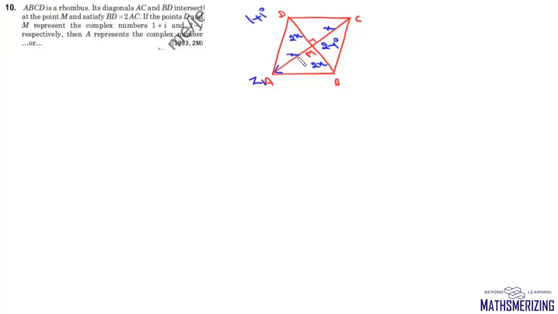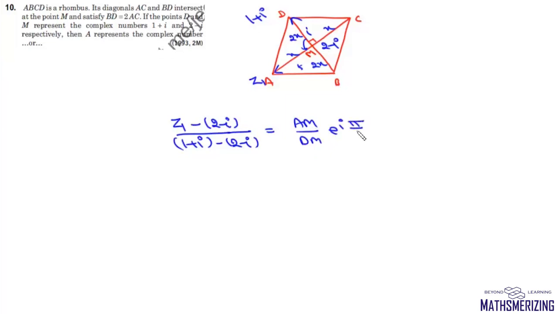So what we'll do is we'll use rotation here. We'll rotate it in anti-clockwise direction. So this is initial and this is final. So we can write (Z1 minus (2 minus i)) upon ((1 plus i) minus (2 minus i)) and it will be equal to AM upon DM times e to the power i pi by 2.